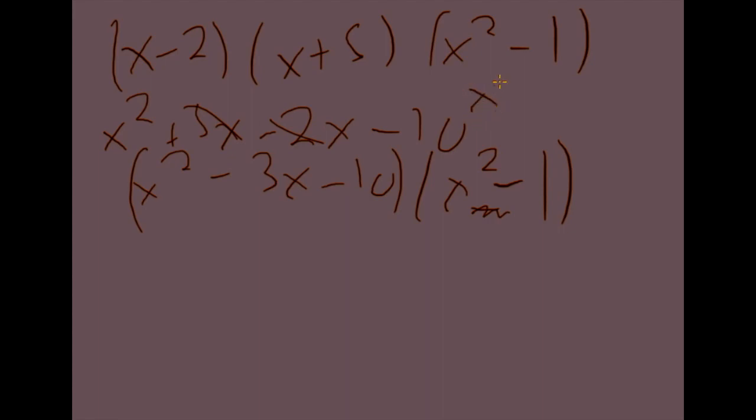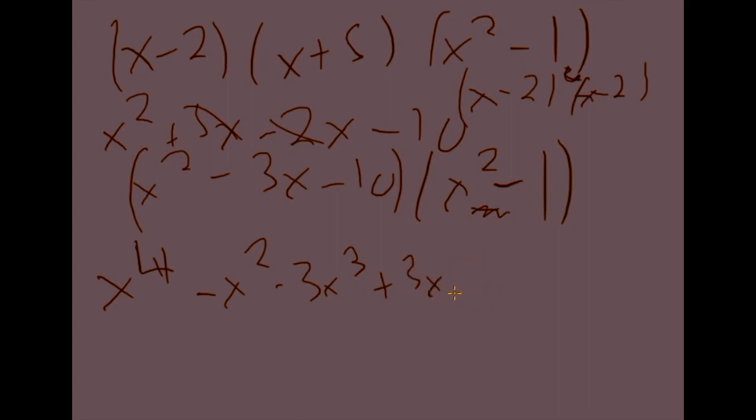That's why x minus 2 squared isn't x squared minus or plus 4, right? This means x minus 2 times x minus 2, right? I'll show you x to the cube when I have a little more room. So we're going to do this last step. So x to the fourth minus x squared minus 3x to the third. I'm going to write a little bit smaller. Plus 3x minus 10x squared plus 10. Right?